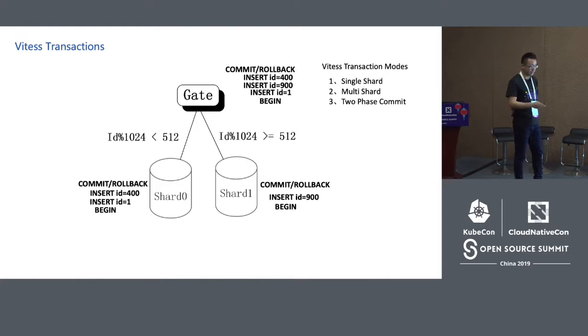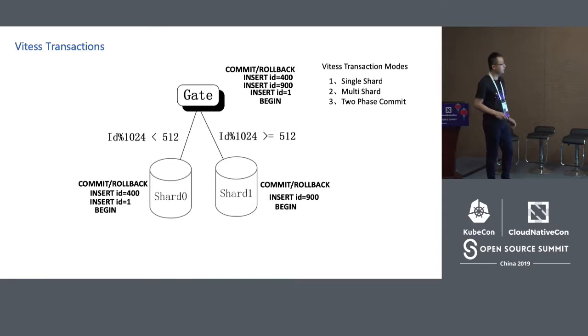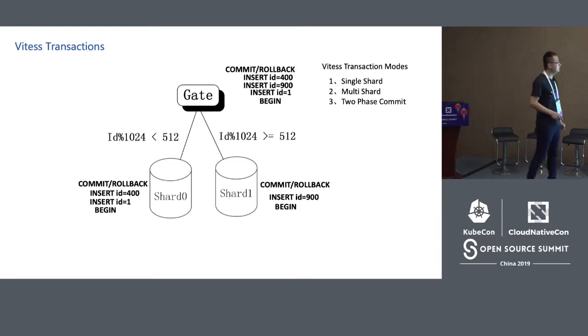If you cannot accept a partial commit, then there are two options you can adopt. First is single shard. All of the data can only be included in one shard. You can put it in shard 1 or shard 0, and if there is some failure, it will tell the client and report the error.